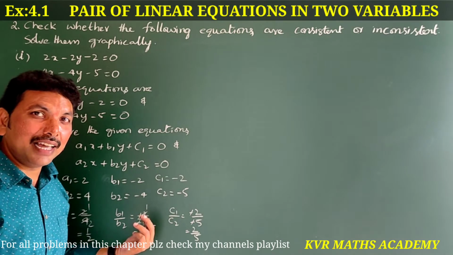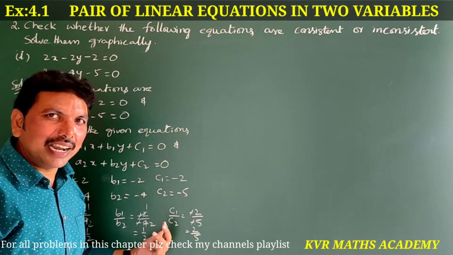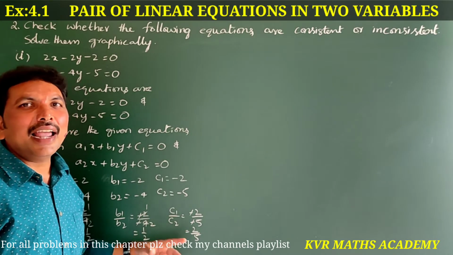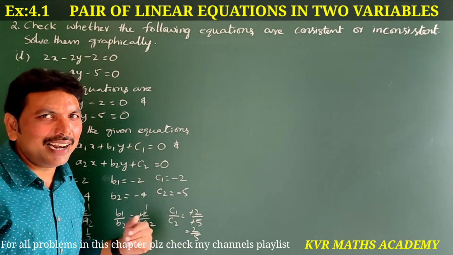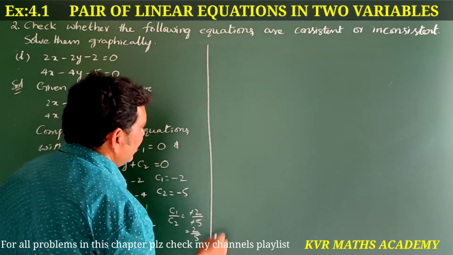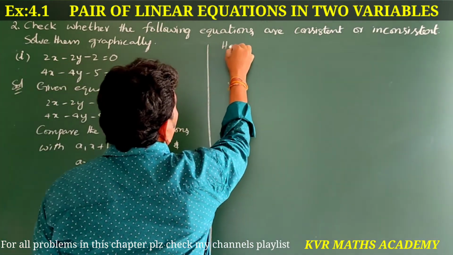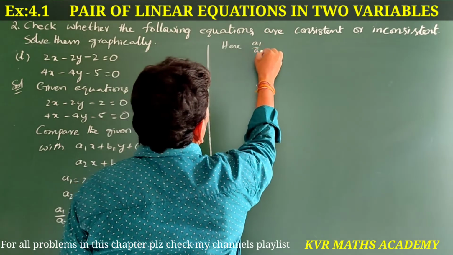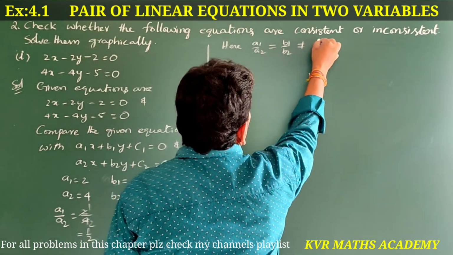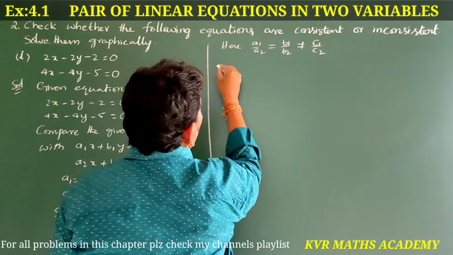So the given lines are inconsistent. Inconsistent means they do not have any solution and they are parallel lines. Write down: here, a1 by a2 is equal to b1 by b2 but not equal to c1 by c2.